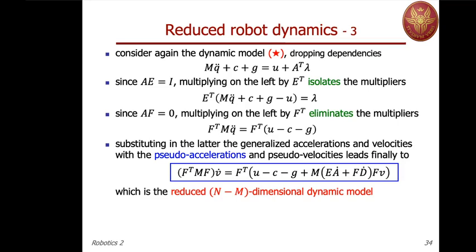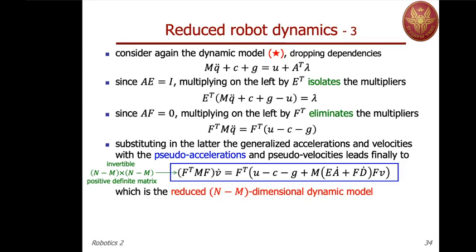There's a pseudo acceleration v dot on one side, pre-multiplied by a matrix which has dimension n minus m times n minus m, and this is a positive definite matrix and is invertible. In fact, this is the reduced inertia of the robot when the robot lives on the geometric constraint.